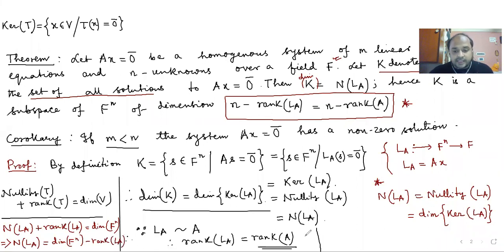Okay, so from this analysis, we can easily write n of LA to be the dimension of Fn. Dimension of Fn means n, and LA is the same as capital A, equivalent, their characteristics are the same. I mean, they are characteristically the same.